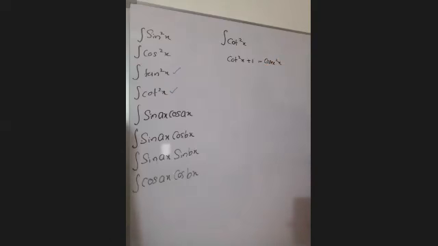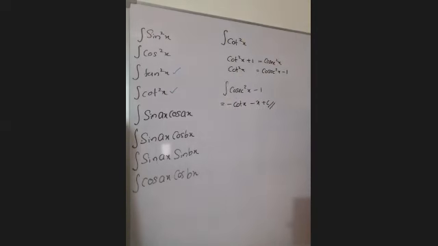It's a trigonometric relationship we know. So instead of cot squared x, I can write cosec squared x minus 1. If you do this integration, cosec squared x gives minus cot x, minus x, plus c is the final answer.